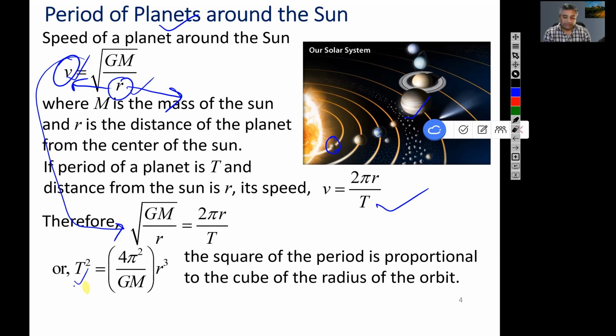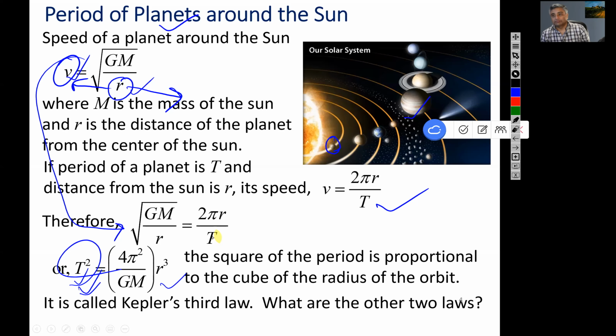So that's called Kepler's third law. And Kepler got this equation by mapping the position of these different planets on the sky, okay? At that time, Newton's law of motion and Newton's law of gravity weren't discovered. Right now, we know Newton's law of gravity and Newton's law of motion.